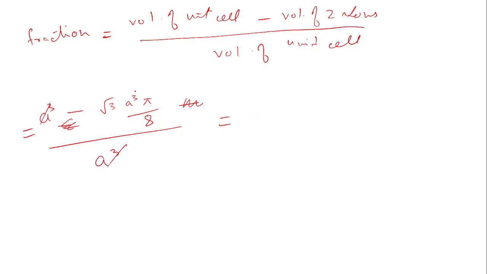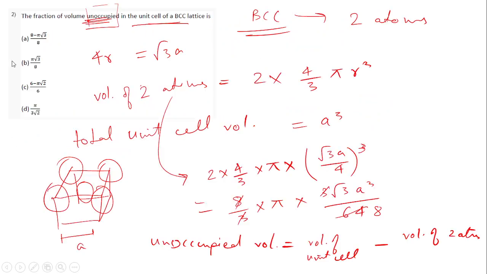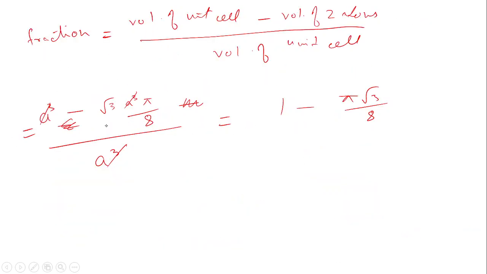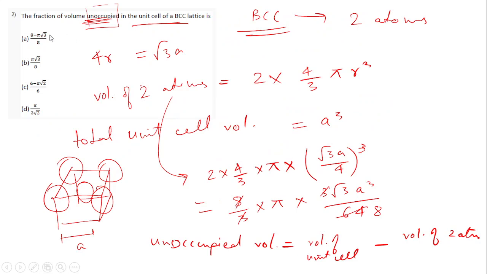We'll get 1 minus pi root 3 by 8. Let's do it further, so it will be 8 minus pi root 3 by 8. 8 minus pi root 3 by 8, A is the correct answer.